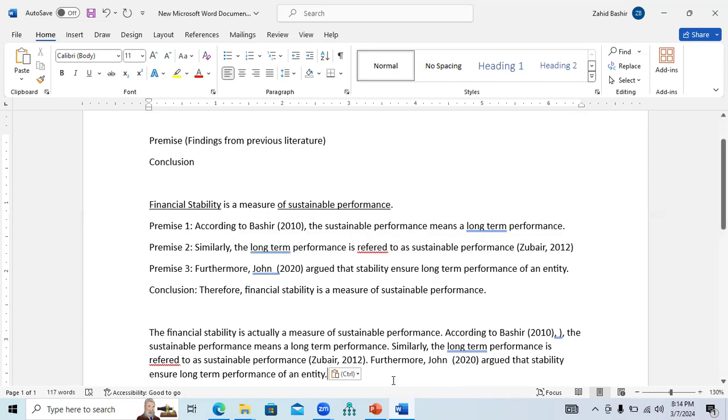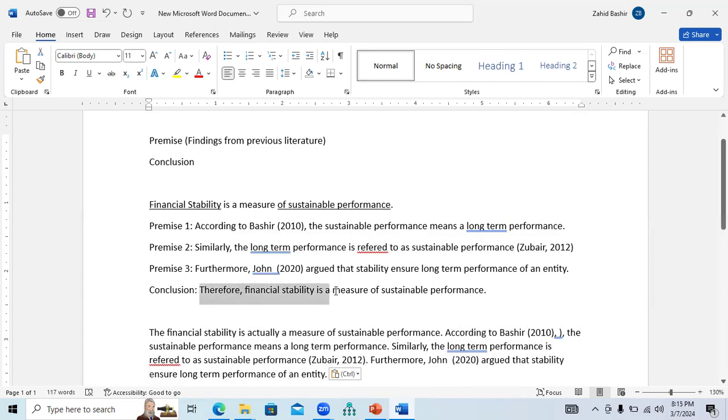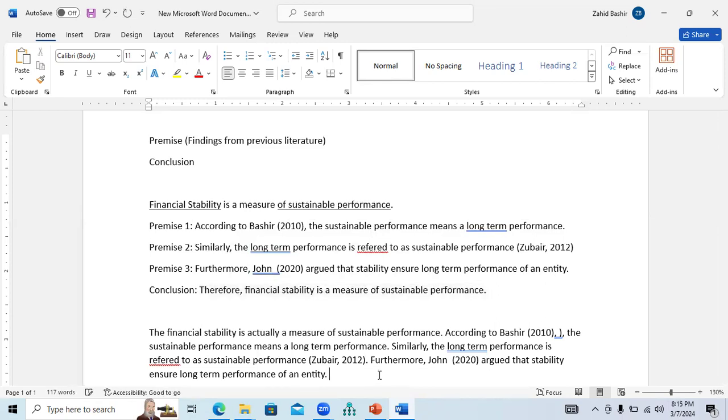Use as many premises as you require to build your argument. So this is the initial statement, the initial claim, which is supported by some premises, and then I conclude this claim to complete my argument.